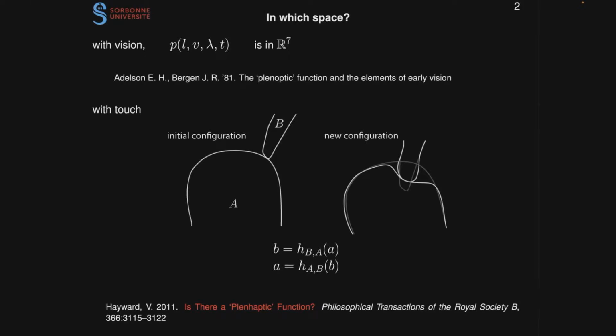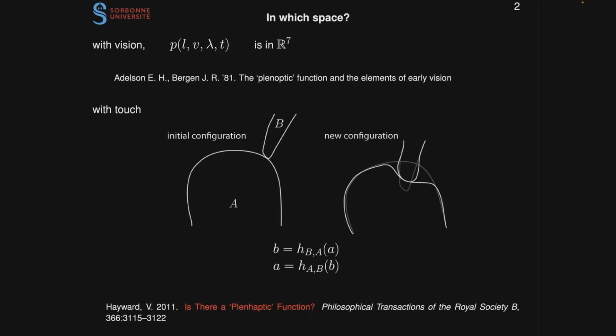There is a well-known way of framing the space in which visual computation takes place, and it's called a plenoptic function, which means essentially an abstract function which embodies anything that can be seen.